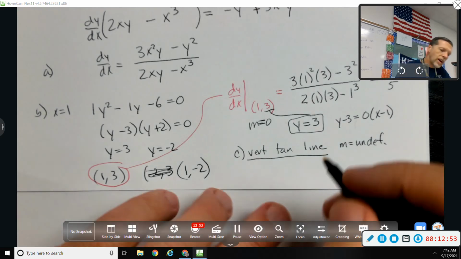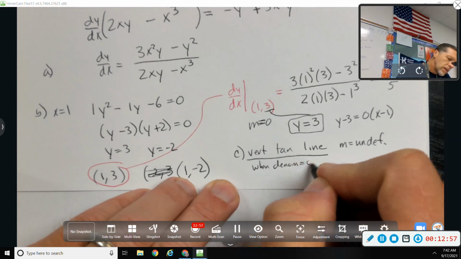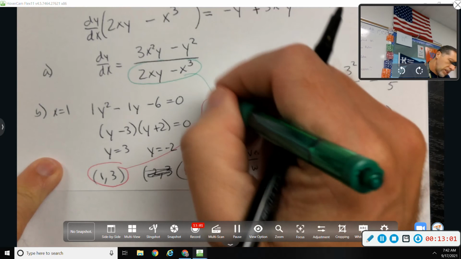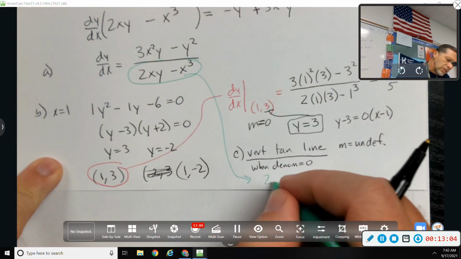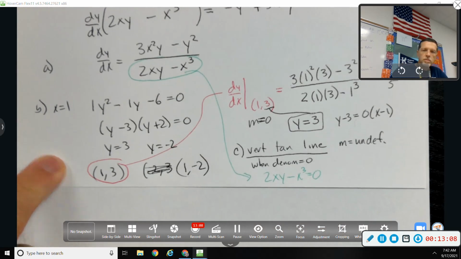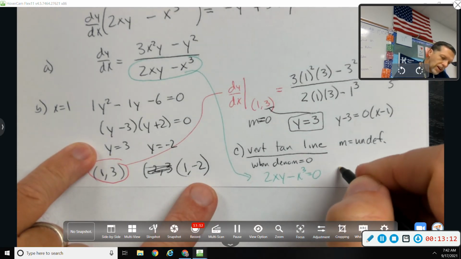So undefined, when the denominator equals 0, so I'm going to grab the denominator and set it equal to 0. And then I could factor out an x.